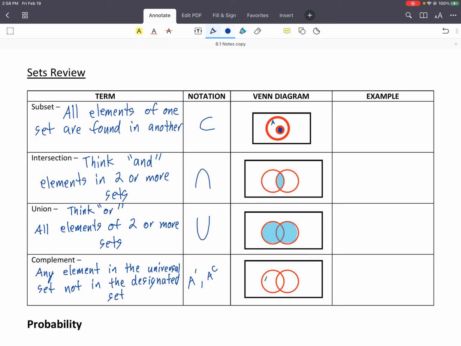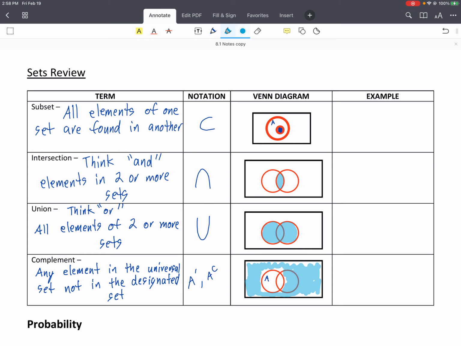So if we said this was A and we wanted to find A complement, it'd be everything not in A. So it's shading everything out here. Again, maybe not so quick shade job. But also, since these elements of this other set are not in A, we would shade everything around that as well.